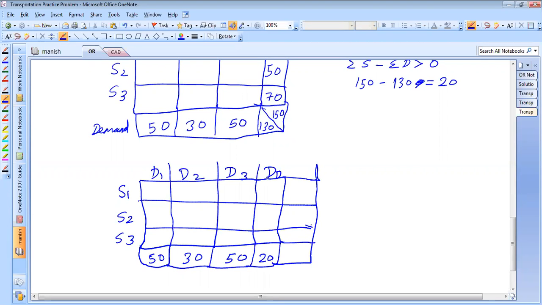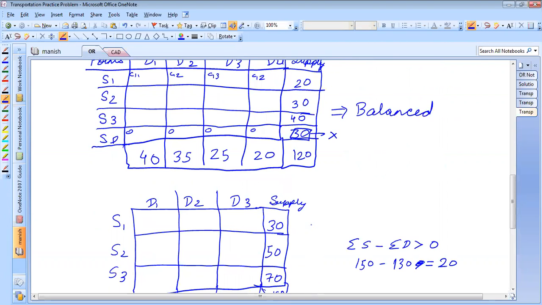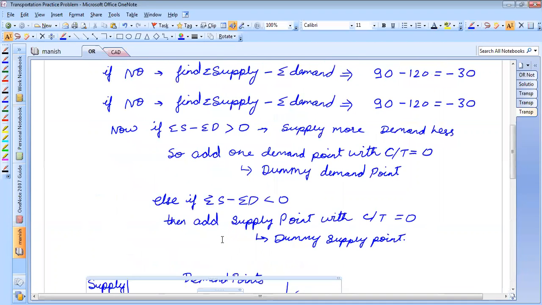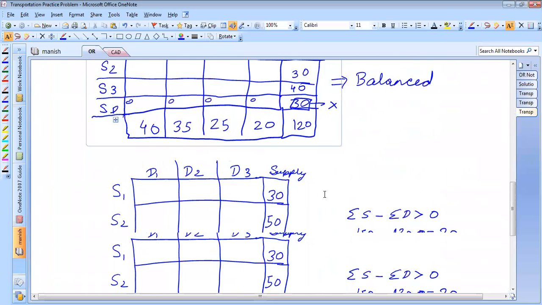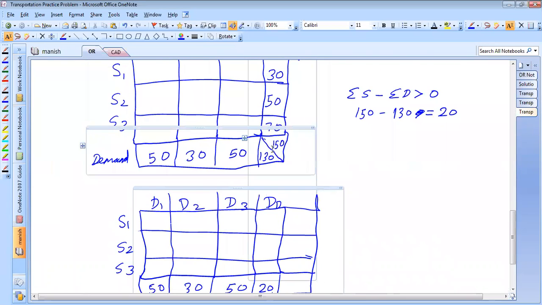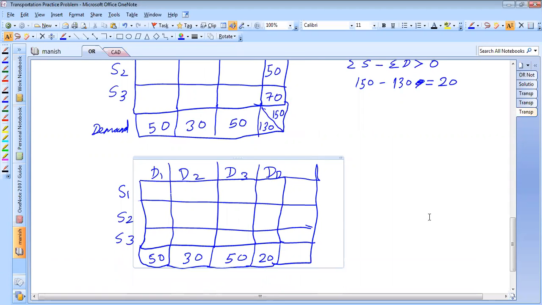In the previous case, demand was more: 120, and supply was 90. But here in this case, demand is 130 and supply is 150. Supply is more, demand is less.